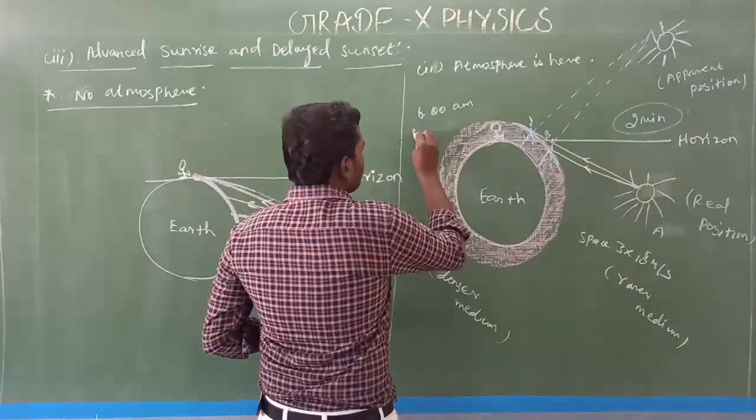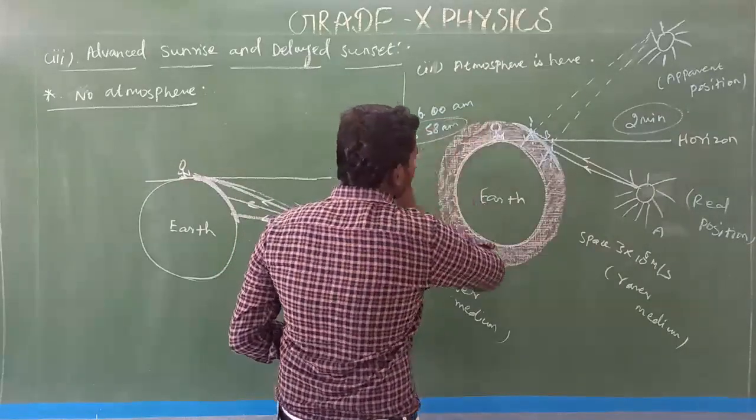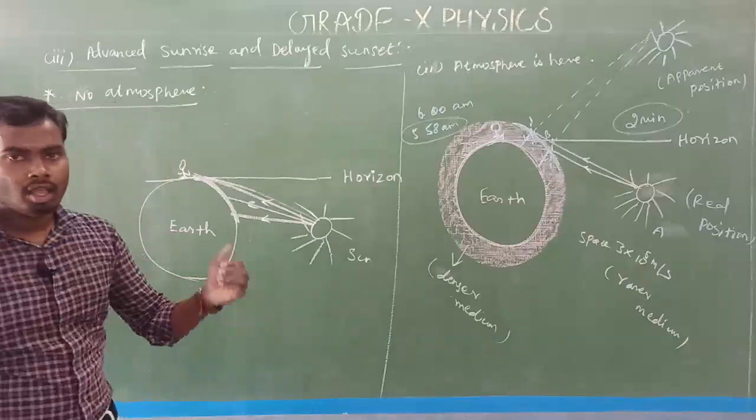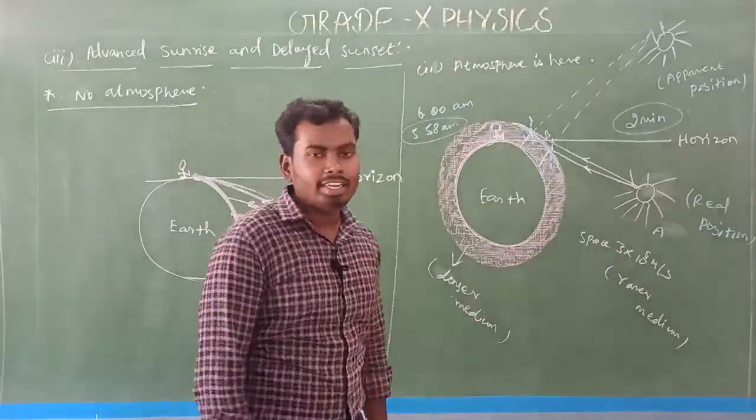That is 5:58 a.m. We can see the apparent position of the sun at 5:58 a.m.